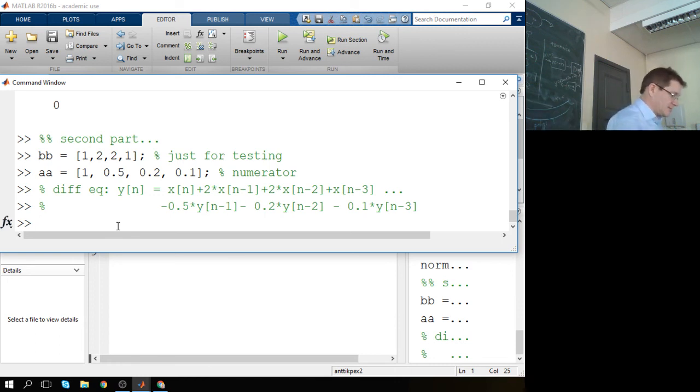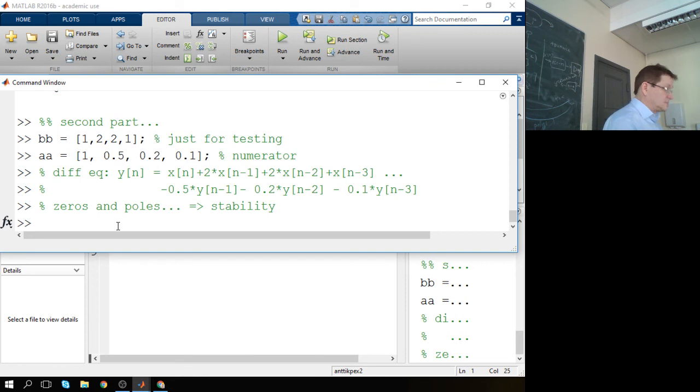So stability, or zeros and poles, stability. I can calculate the zeros and poles. ZZ equals the roots of BB.